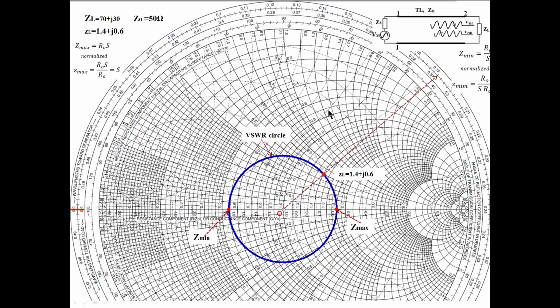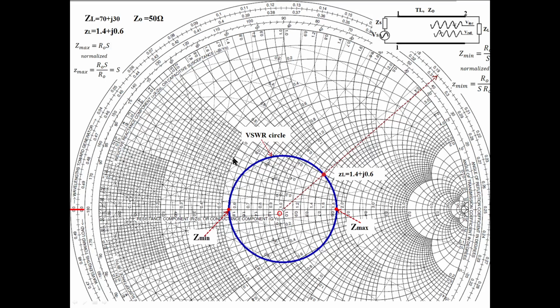They may ask the question, what is the VSWR? You find the normalized Z maxima; that is also equal to VSWR. Here S means VSWR. You read whatever normalized impedance is here, and that is equal to VSWR. Actually, how do you find VSWR?